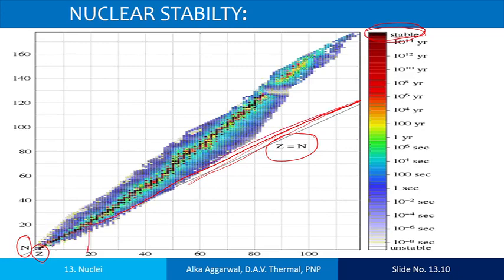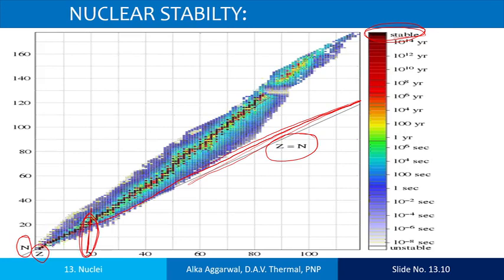Up to mass number 20, up to atomic number 20, the nuclei are stable where the number of neutrons is equal to the number of protons. But beyond 20, the nuclei are stable only when the number of neutrons is more than the number of protons.